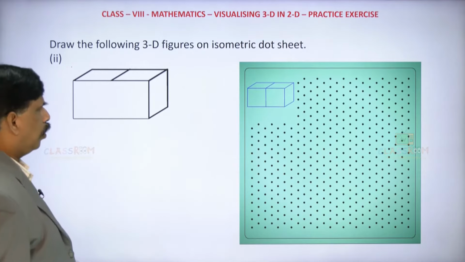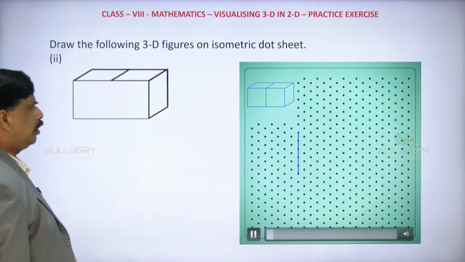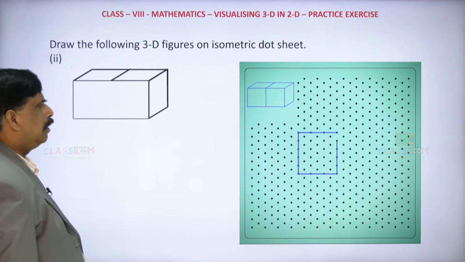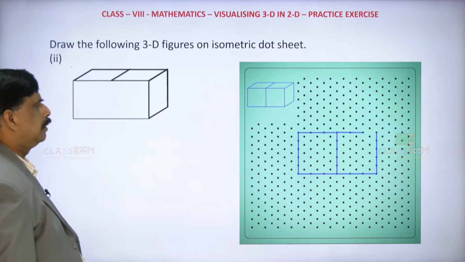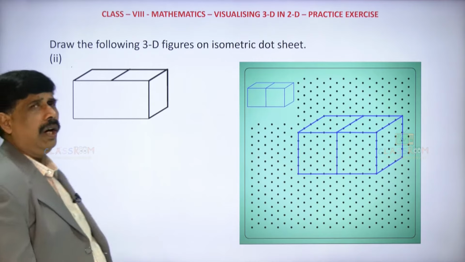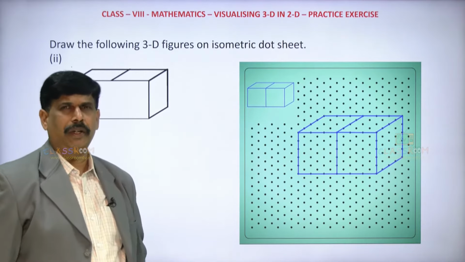So this figure now we have to draw on the isometric dot sheet. Let us see now. First draw the vertical line, horizontal, parallel line, join them. Yes. Join it. Yes. So this is how we can draw the given solid 3D figure in isometric dot sheet.